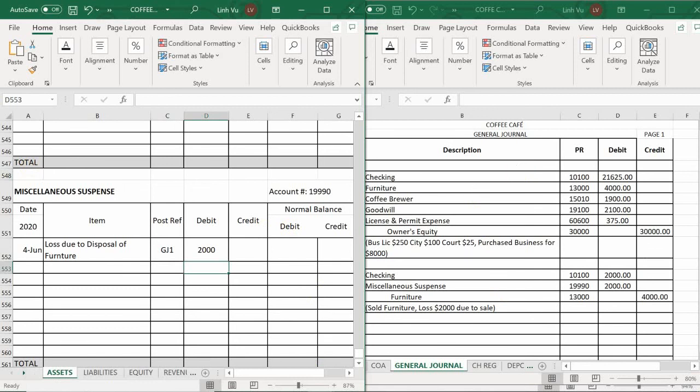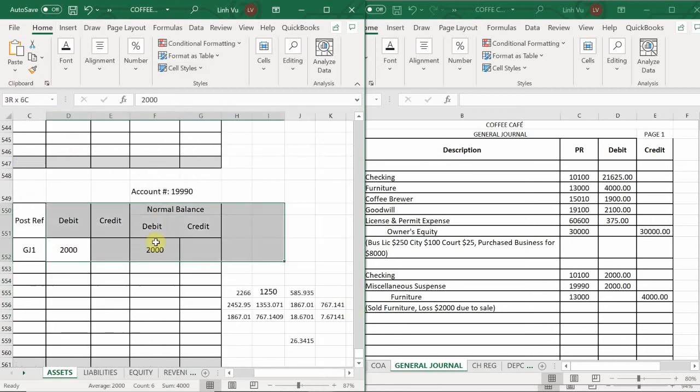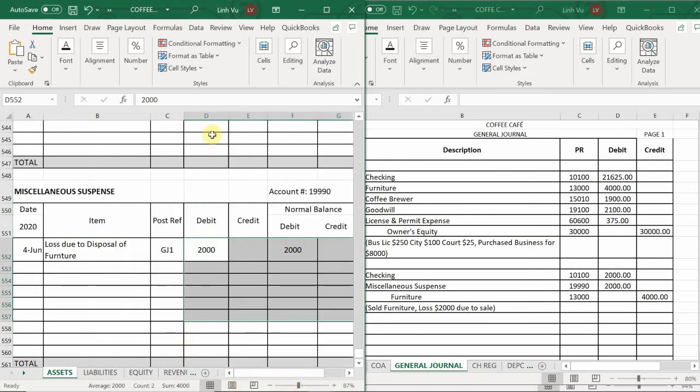Therefore, my beginning balance or my normal balance is going to reflect that $2,000 because it's the first number I have there. All right, $2,000.